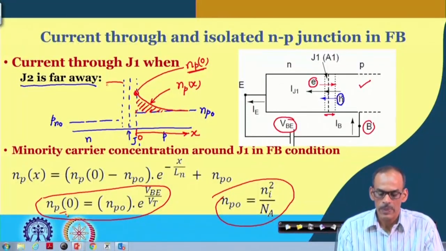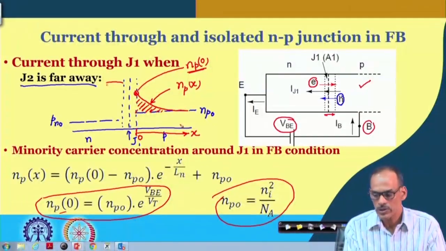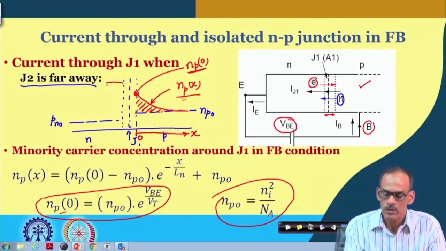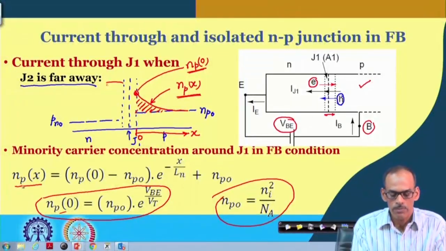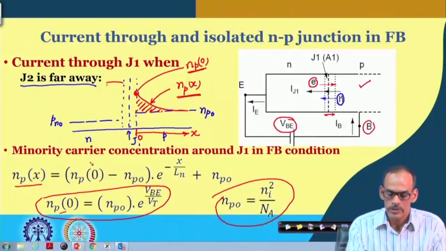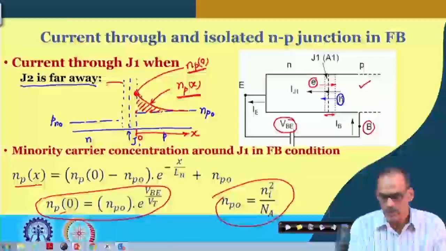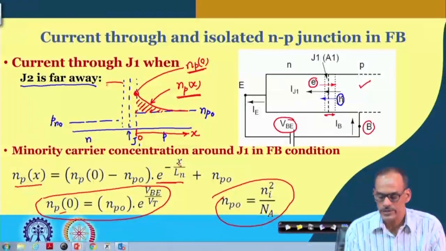Now, as you are moving away from the edge of this depletion region deep into the base region, as I said, it has an exponential fall, and its expression is given here: n p x equals the difference, which means n p 0 minus n p naught. So, this is the step, and then it has an exponential fall, which is indicated by e to the power minus x divided by L n.